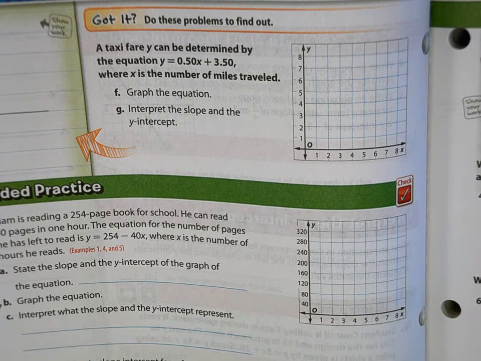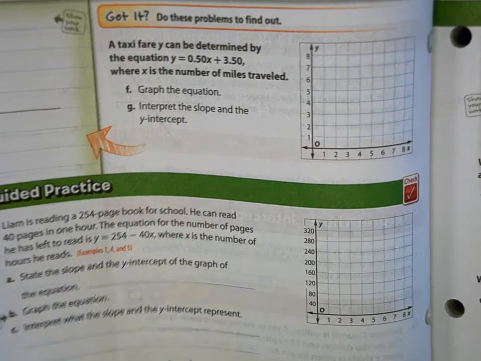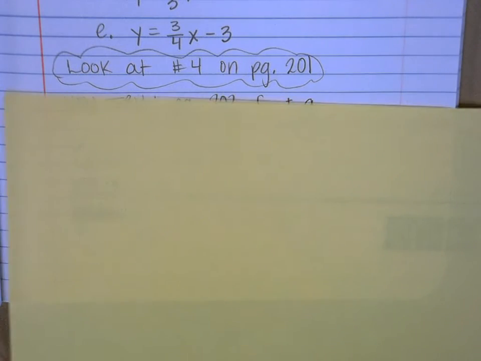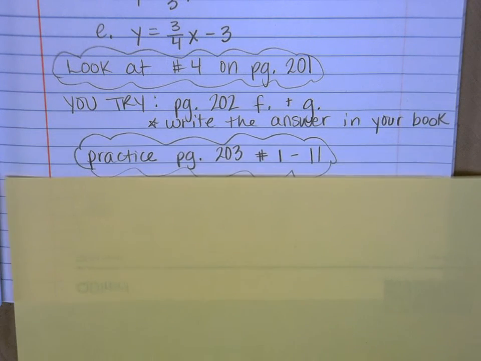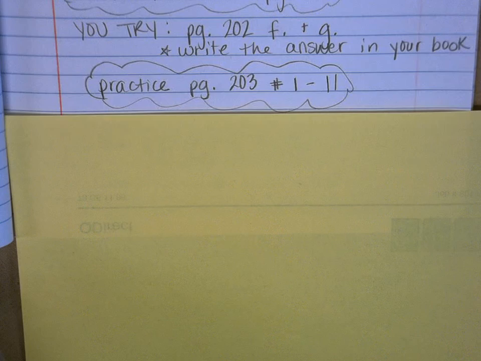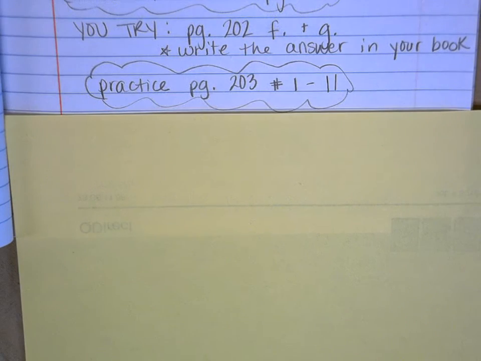Good job. Any questions on that one? No? Yes? We're good? We'll keep practicing these. That's not the last one, don't worry. All right, so what I want you guys to do for practice is page 203 in your book, 1 through 11. Okay?